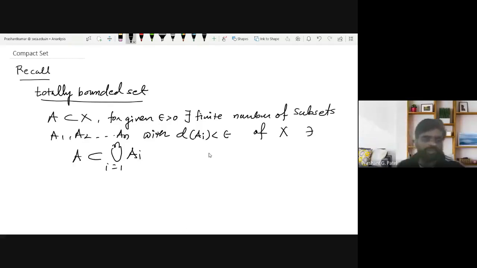That means A could be covered by finitely many subsets of X whose diameter is less than given epsilon. Then we can say that it is totally bounded.